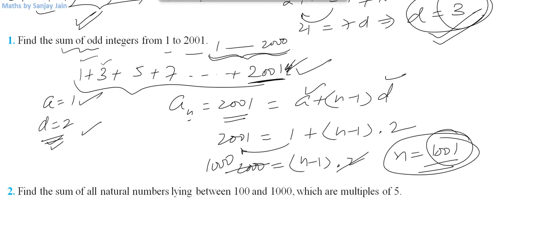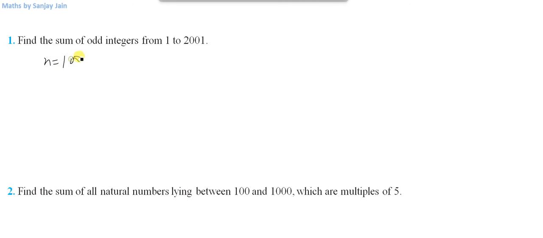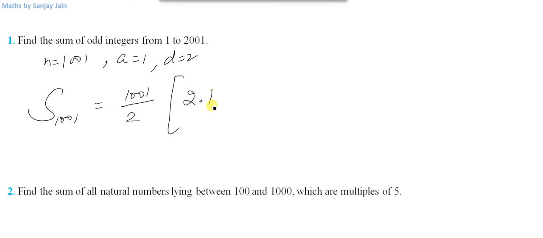So n I know is 1001, A is 1, D is 2. Can I find the sum of odd integers now? The sum of 1001 odd integers will be equal to 1001 by 2, twice of the first term, plus 1001 minus 1 into D, that is 2, and it is equal to 1001 by 2.